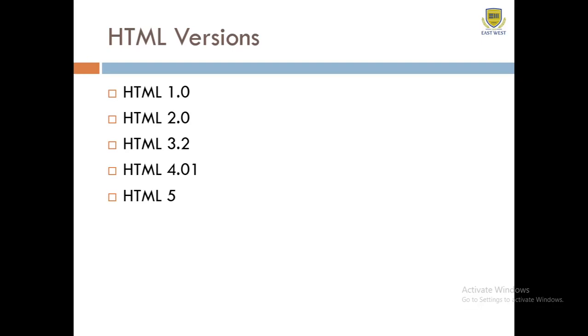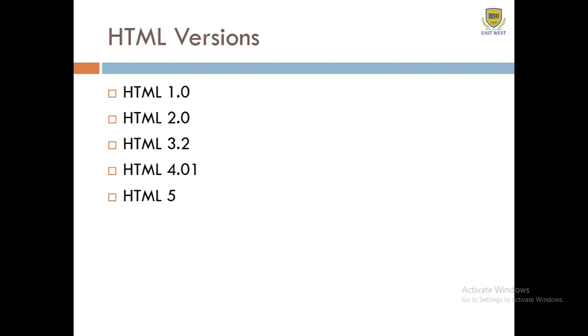The next version, the final version and what we are using today, is HTML5. HTML5 is a newer version of the hypertext markup language. The first draft of this version was announced in January 2008.